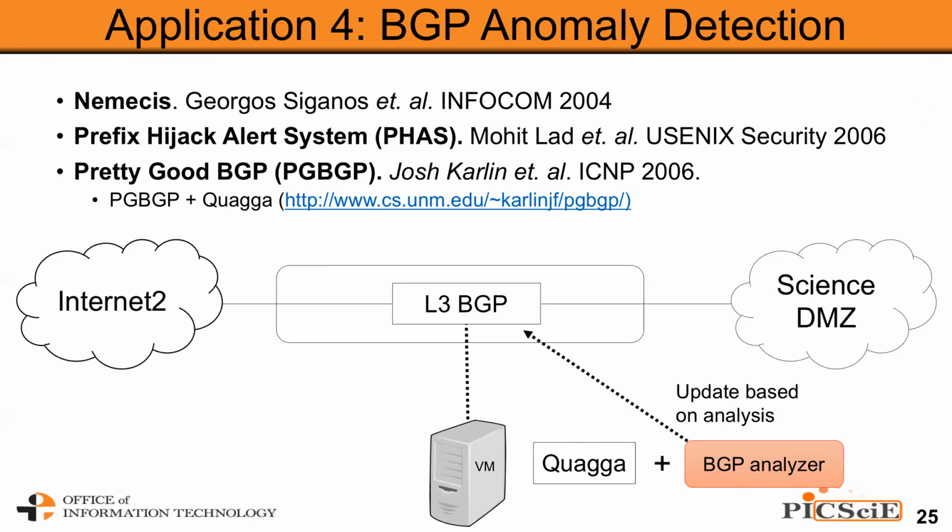I also found out that one of the software tools, called Pretty Good BGP, is implemented with Quagga, and the software is still available, so you can just download it and use it. I thought, okay, this is cool. We can integrate it with our software-defined border router, send our BGP updates to this analyzer, and maybe it'll find some anomalies, set some rules, and update the forwarding table based on this analysis. So this is another cool application we have in mind.